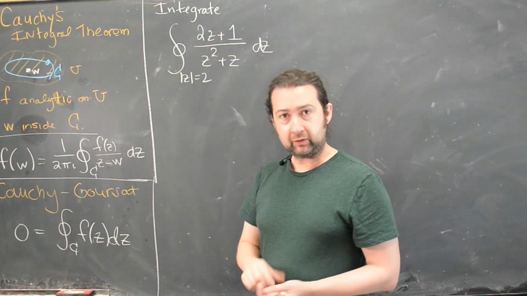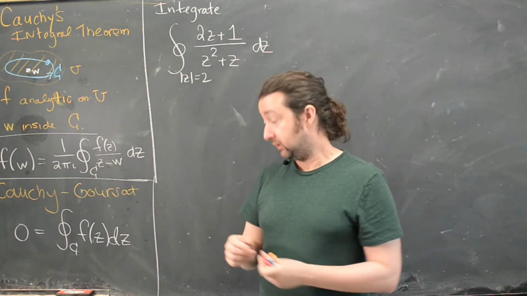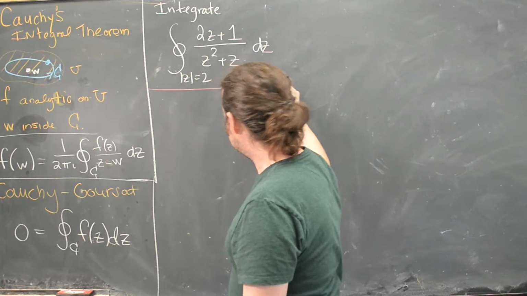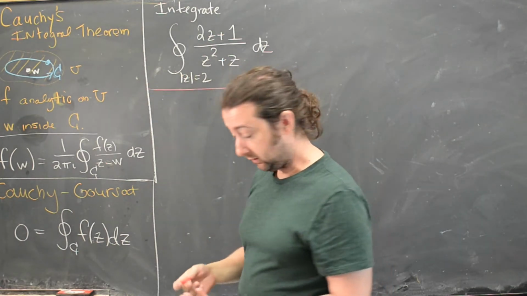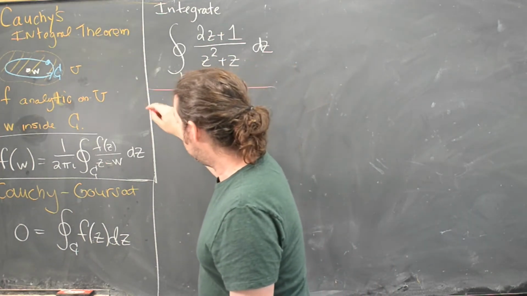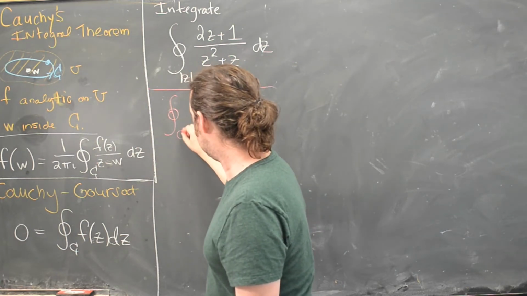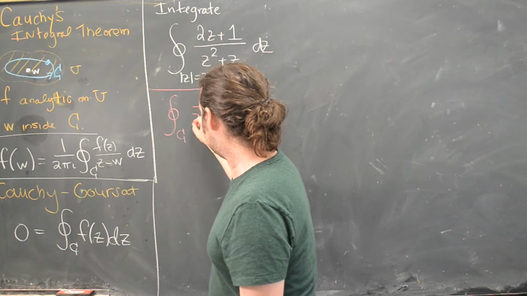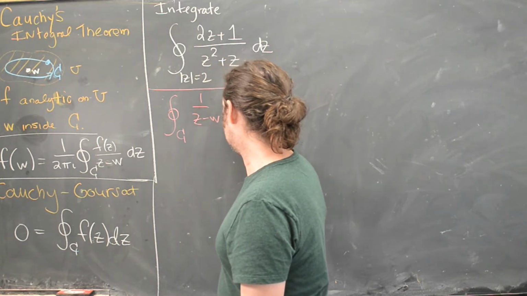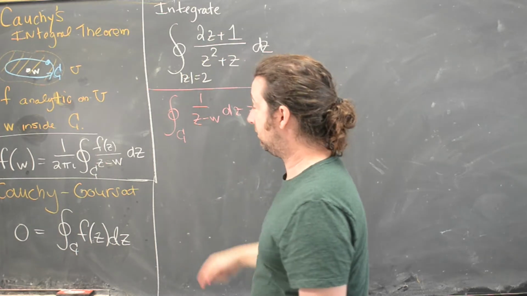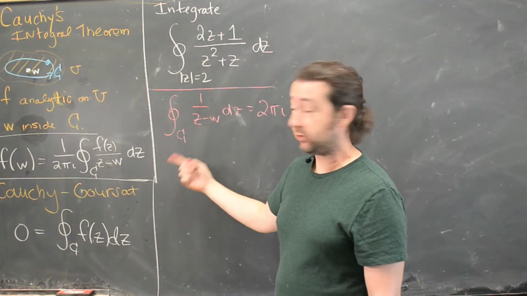And ultimately, this relies on the fact that, as we showed earlier, and we're going to use this fact again, anything that looks like this you can show directly is equal to 2 pi i, where C is oriented in the positive direction, right?